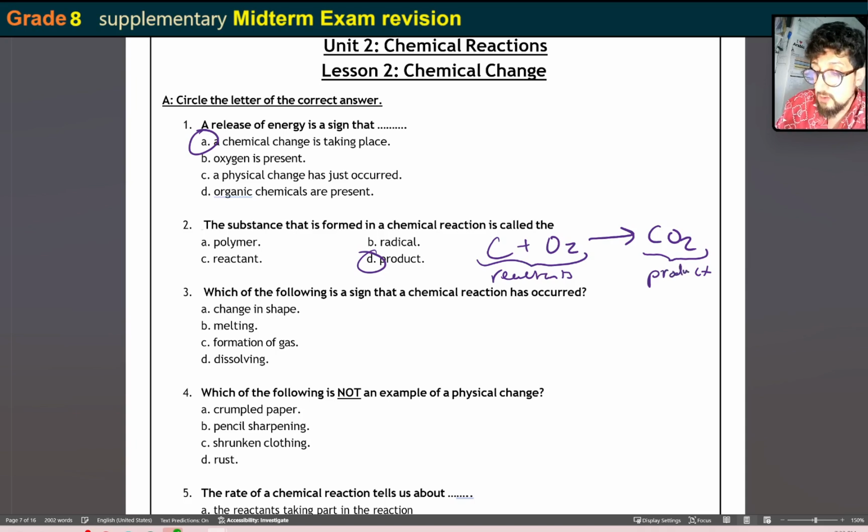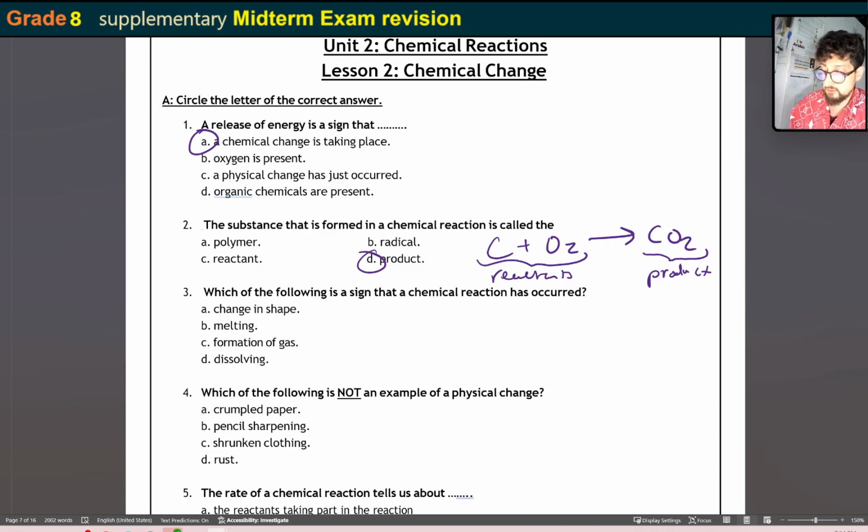There we go. Which of the following is a sign that a chemical reaction has occurred? Change in shape? No, because if I take a piece of paper and I crumble it, like let's say for example this one here, and I crumble it, that is not a chemical reaction. So I've changed the shape and it's not a chemical reaction.